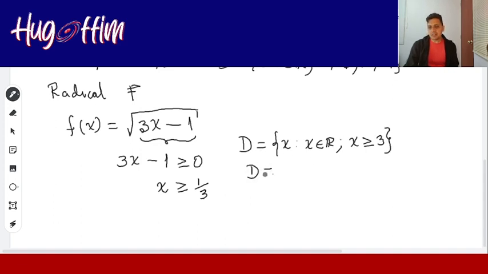Or you can write it in the form of set or interval form, so it will be from 1/3 to infinity. And this is how you get it for radical functions.